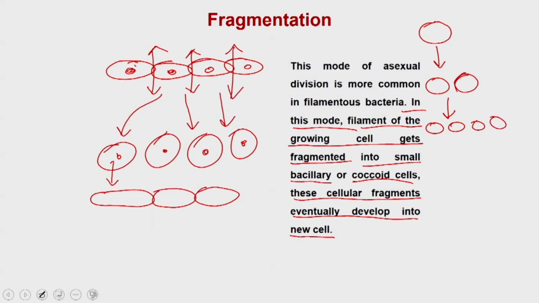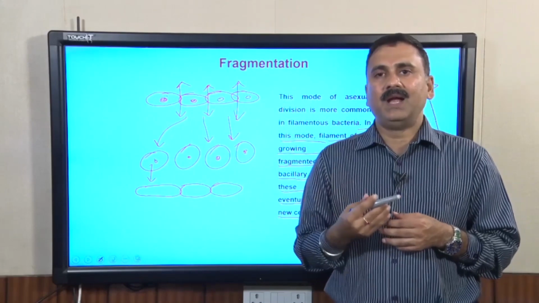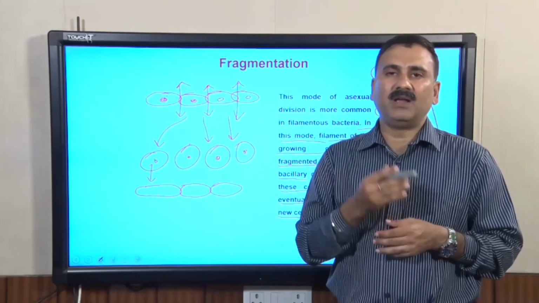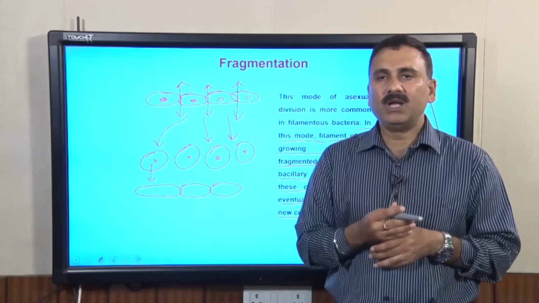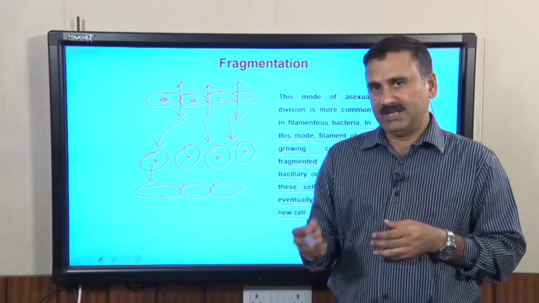So, how can you monitor that the media you are using is actually supporting the growth of the bacterial cells and giving you an increase in number? What methods are available for monitoring the growth of a bacteria in a media?